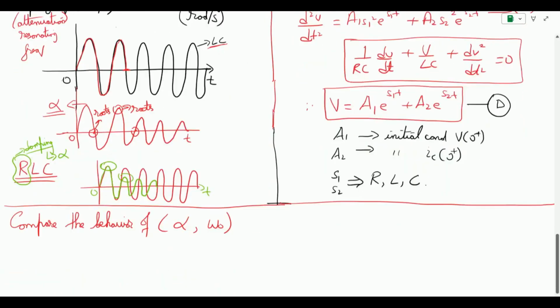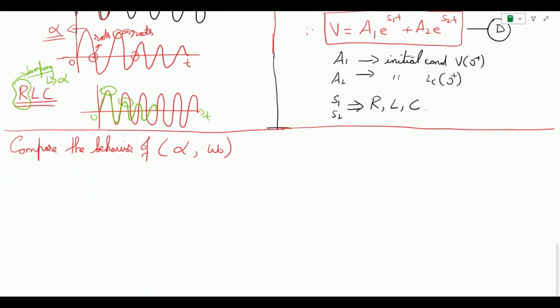So now let us see what happens if we have the explanation in terms of the resonating and the Napier frequency. So there are three possibilities. You can see a waveform being generated by an RLC circuit. The first condition is when omega naught square has a value less than alpha square.